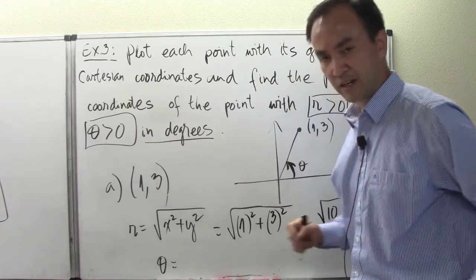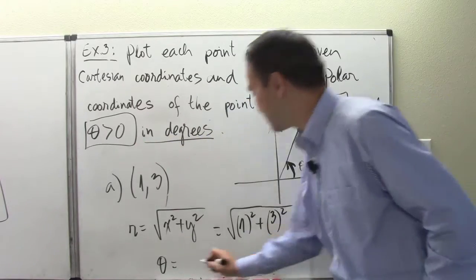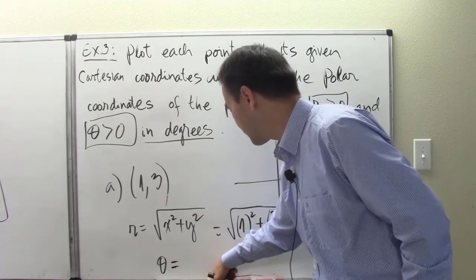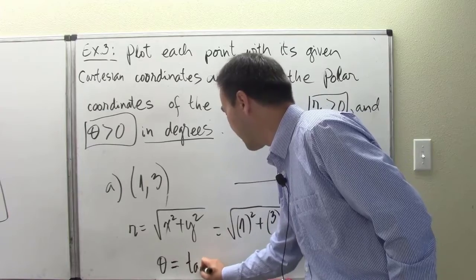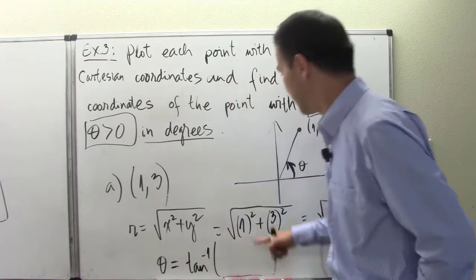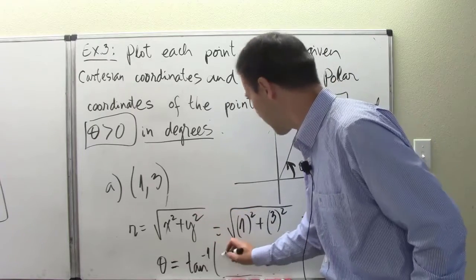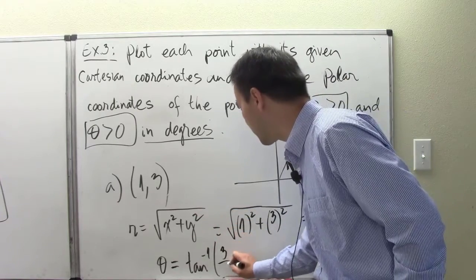So I am going to do tangent inverse of, according to that formula I wrote up on the other board earlier, y over x. So y over x here is going to be 3 over 1.